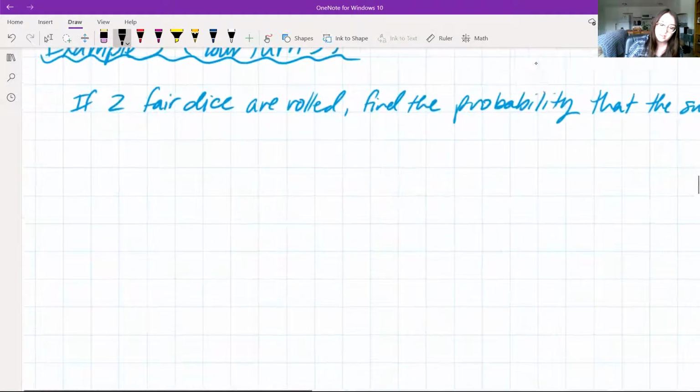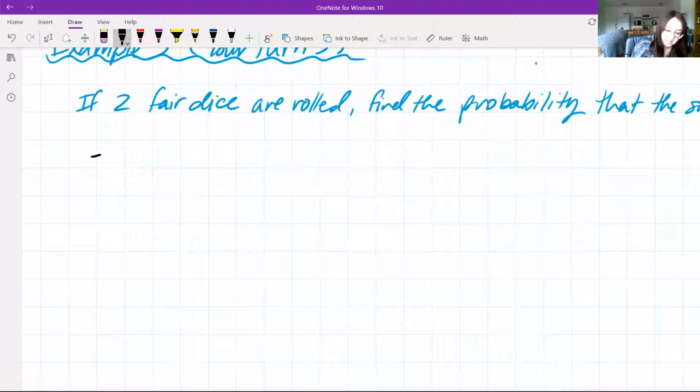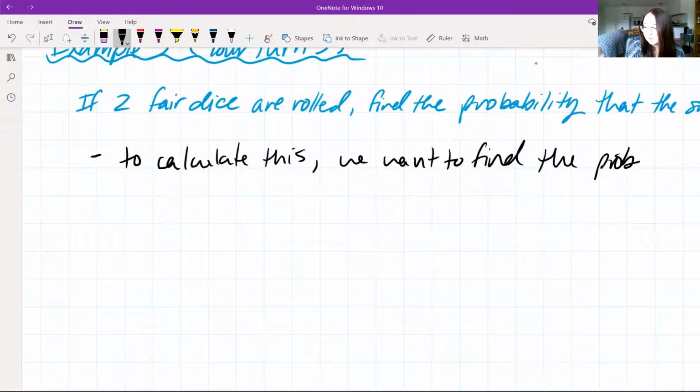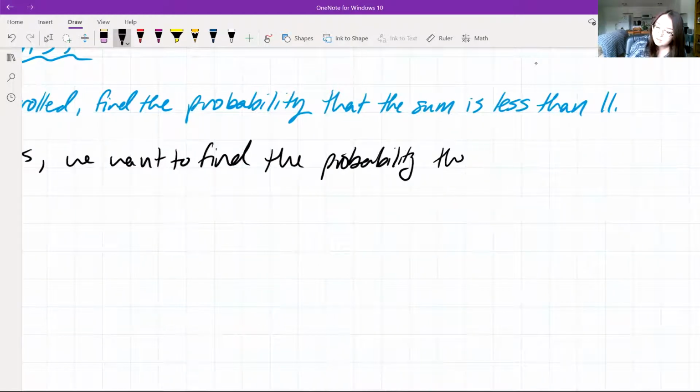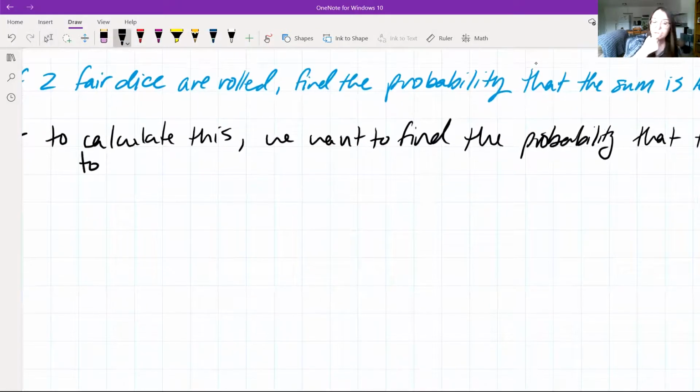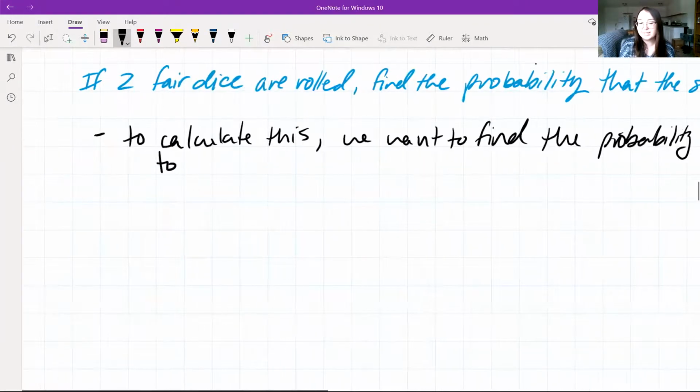So in order to calculate this, we want to find the probability that the sum is equal to, and now we want to think of all the sums that are going to be less than 11.